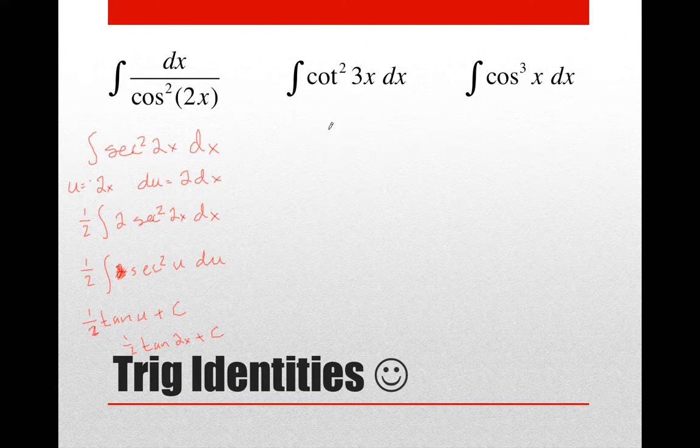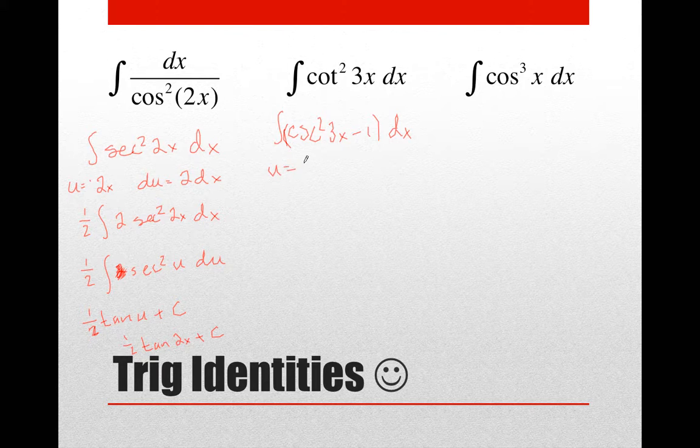All right, in the cotangent squared of 3x, what we can do here is use one of our other trig identities. We know the cotangent squared is actually equal to cosecant squared 3x minus 1 using our Pythagorean identities.